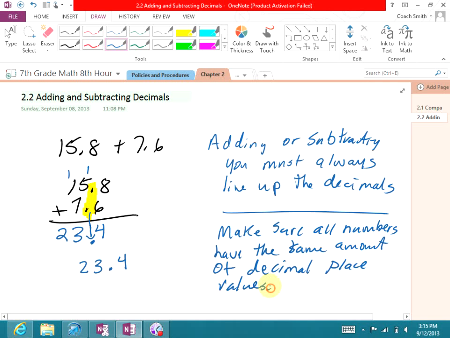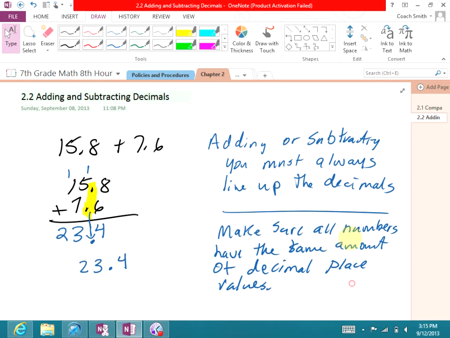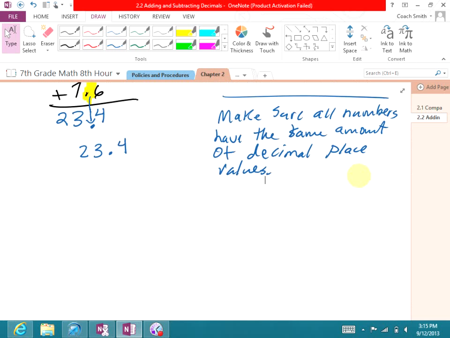I'll show you an example of that in just a second. Okay, so those are the two things you really got to pay attention to when you're adding or subtracting. You must always line up the decimals, and you got to make sure all numbers have the same amount of decimal place values.